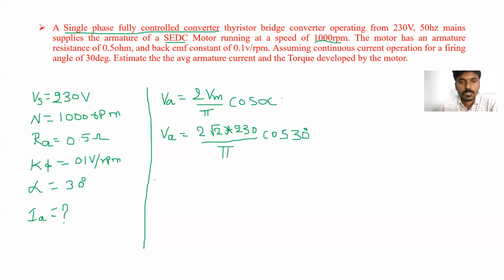Clear? So can you tell the value of this one? VA is equal to 2 into root 2 into 230 upon pi into cos 30.